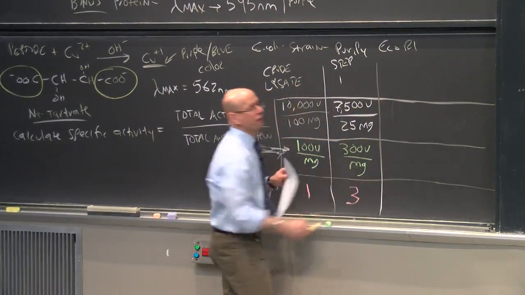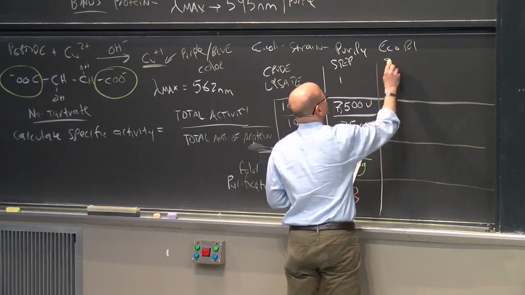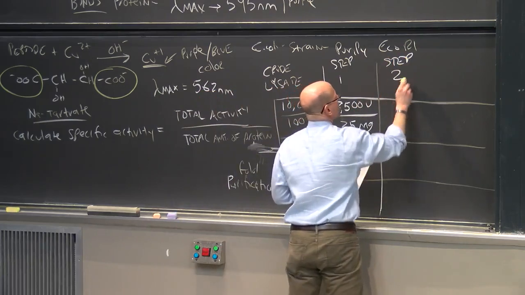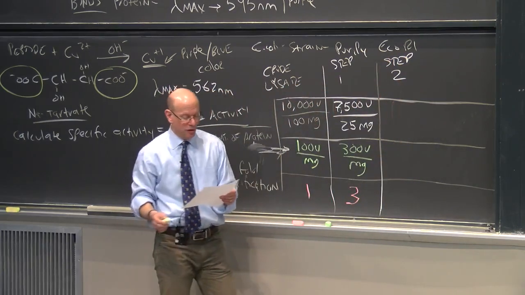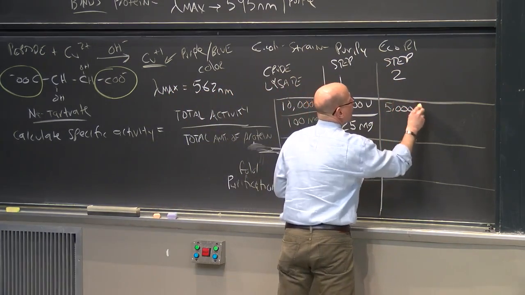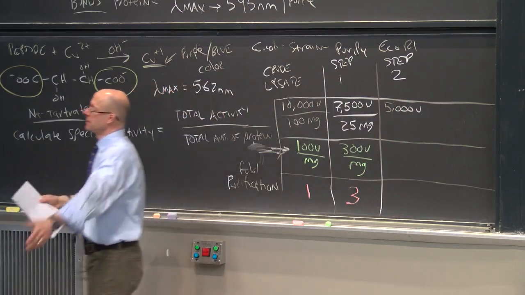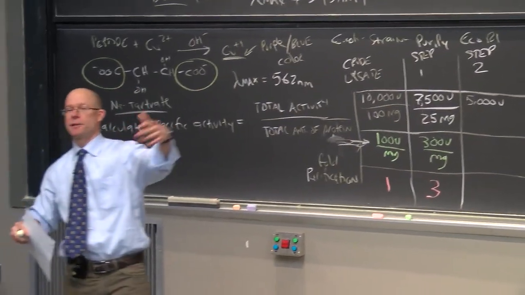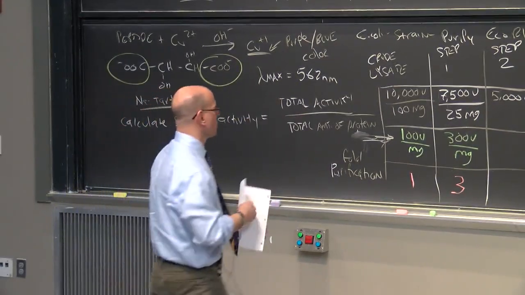Well, I told you ammonium sulfate wasn't a great step, so let's add a second step. Okay. Maybe the next step we'll try is ion exchange chromatography. And when I do ion exchange chromatography, I only get back 5,000 units. Boy, I just keep losing this enzyme every time I try to purify it. I'm losing a little more and losing a little more, right?